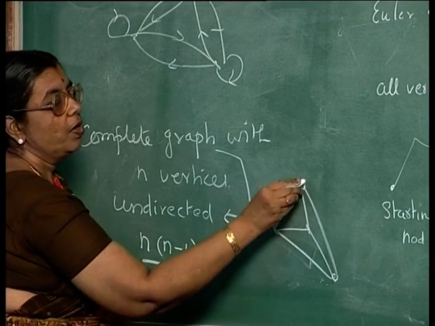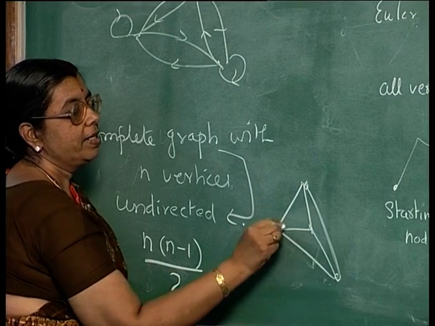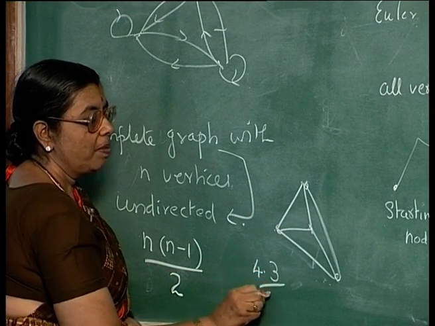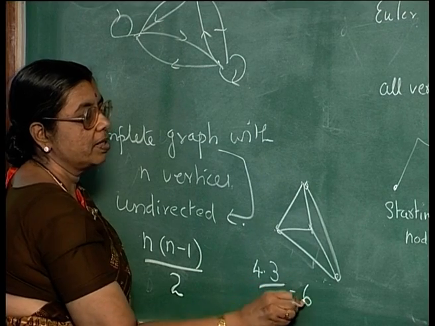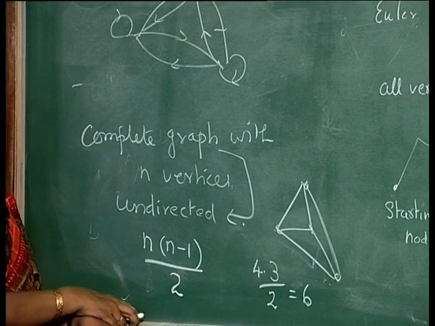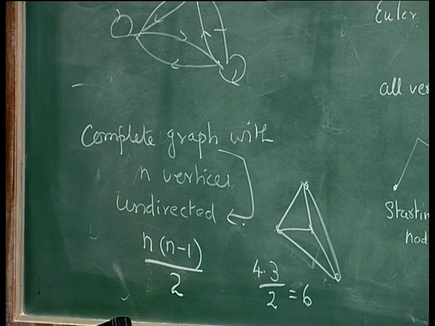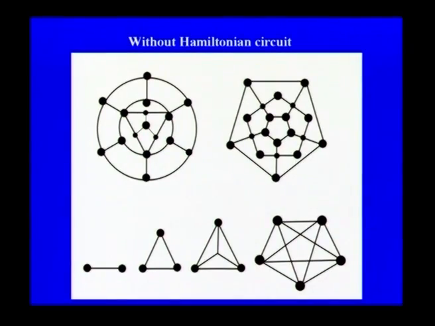With 4 nodes, n is 4, 4 into 3 by 2 is 6, so you have 6 edges. Similarly, for 5, 5 into 4, 20 by 2 is 10. There are 10 edges in the complete graph.